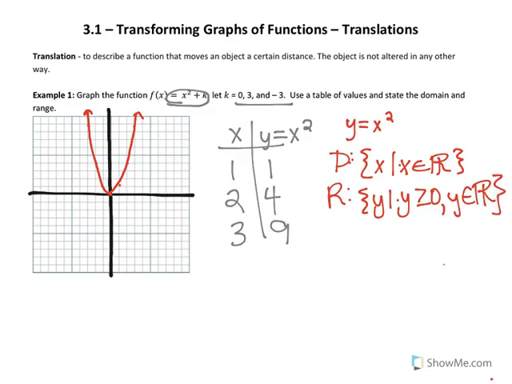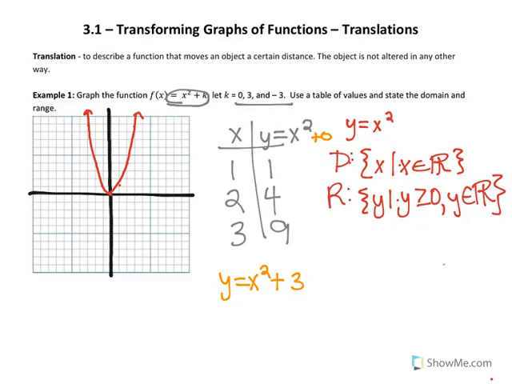If we were to graph the function y equals x squared plus 3, so this one is x squared plus 0. What this means is I'm going to square this number, and then I'm going to add 3 to it. So 1 squared is 1, plus 3 more is 4.